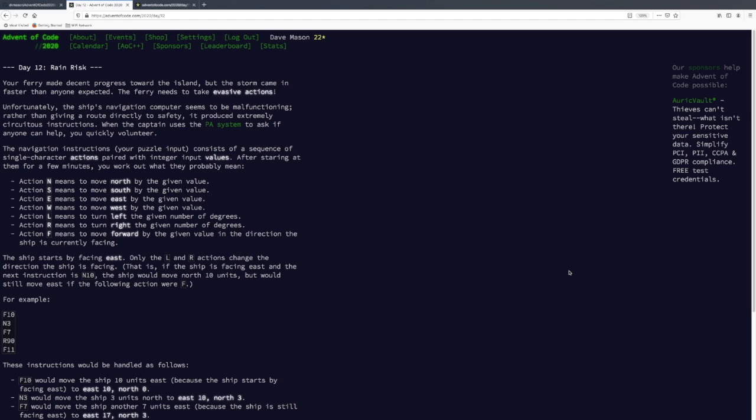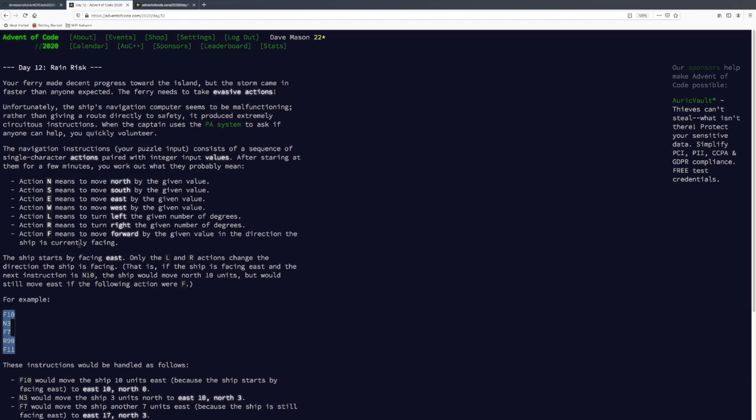So this is about a navigation problem, and basically our input looks like something like this. It's a sequence of moves. F means go forward, so we can go forward, turn right or turn left, and we can move in the various compass directions.